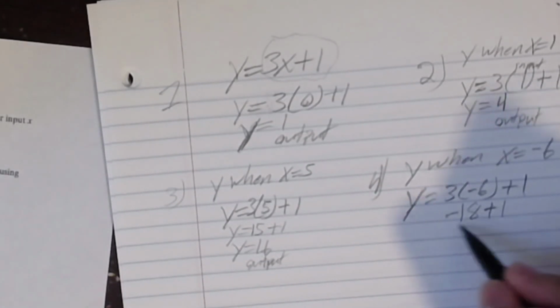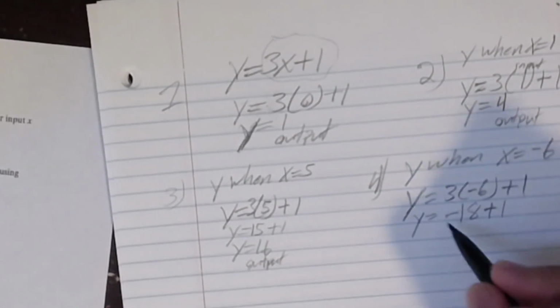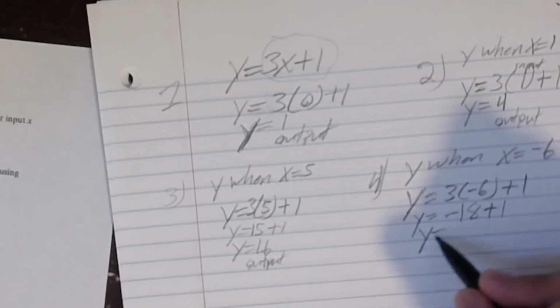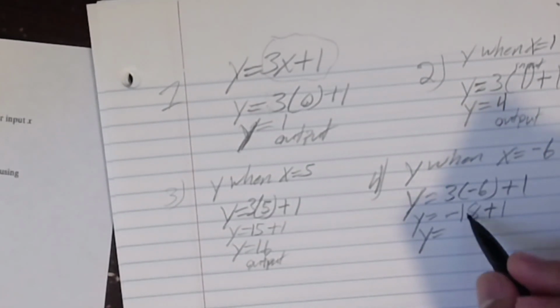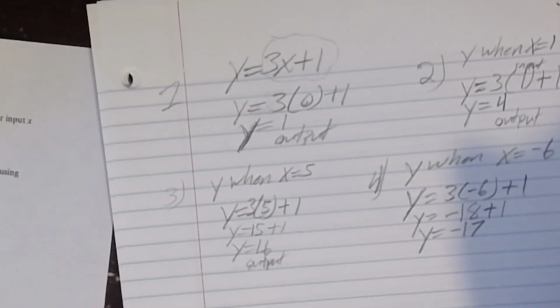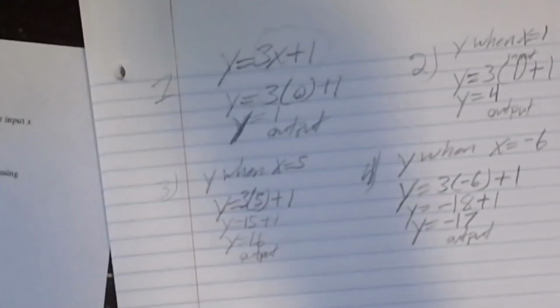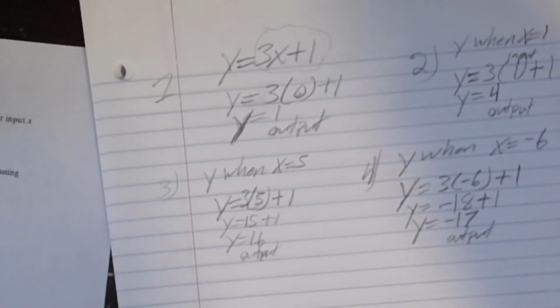And then we get that plus 1 at the end. So what is y equal to? Well, it is negative 18 plus 1. That is negative 17. So this is our output. And looks like that's it.